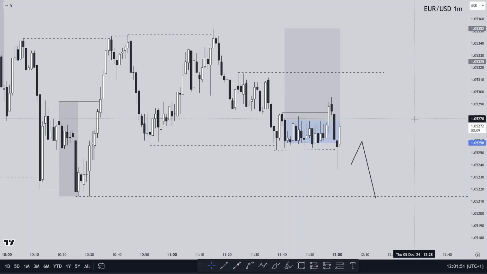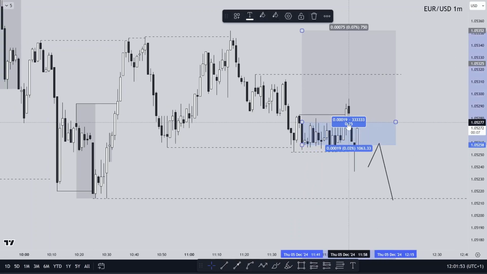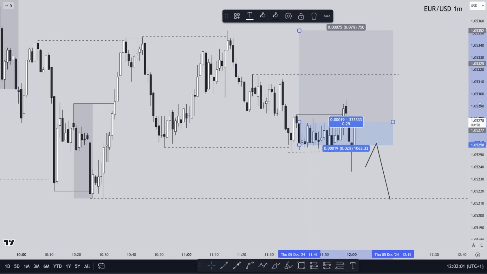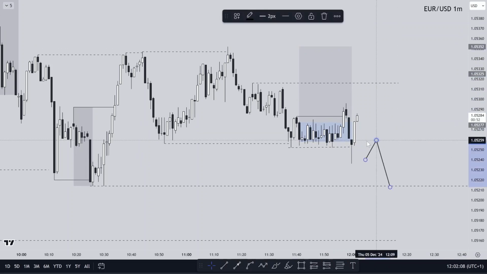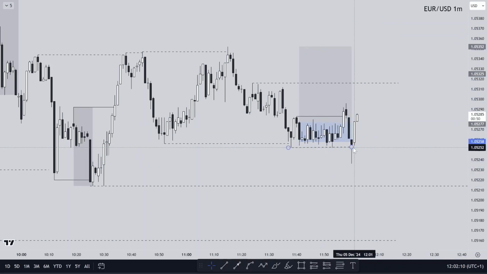So as you can see, this time I realized just a really small percentage. Okay, a quarter of what I risked. But look at the price. Look at the price, how it is reacting from this level now.